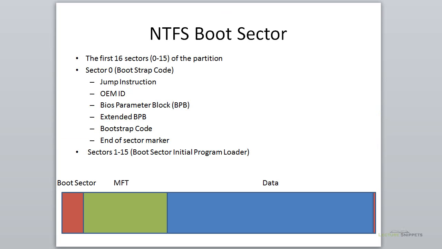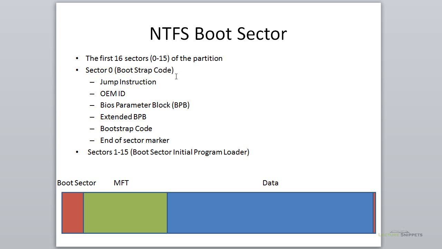The boot sector is going to be made up of the very first 16 sectors of your partition. You can see they're numbered 0 through 15, so we start counting by 0. Sector 0 is the sector that actually gets repeated at the end of our partition. We see all kinds of information that's going to give the computer the code and the information of where the operating system is and how to load it up so that the computer can load your operating system into RAM while it's booting itself up.